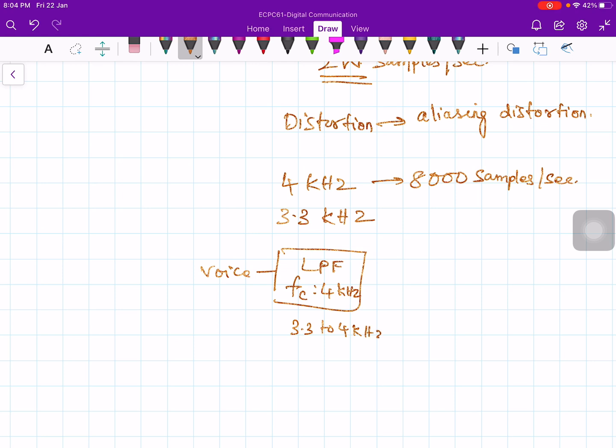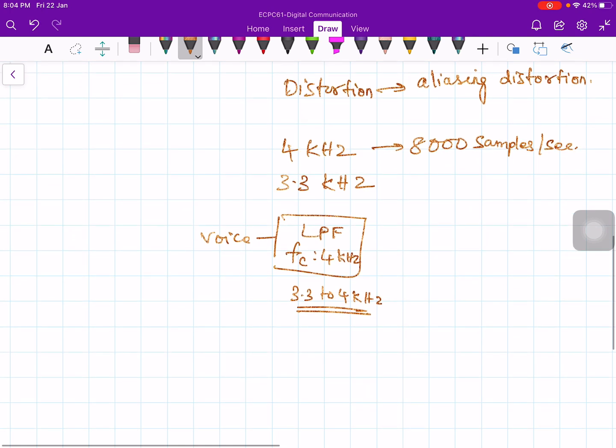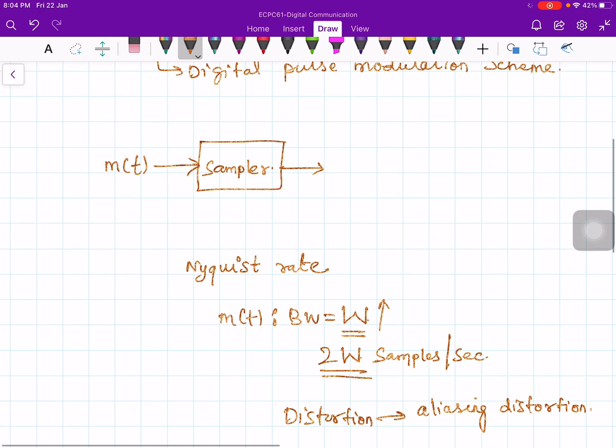That is the cutoff frequency of your low pass filter. It may contain components of higher frequencies which may not be of interest to us. But if we allow frequency components higher than 4 kilohertz, those frequencies will cause aliasing distortion, which we don't want.